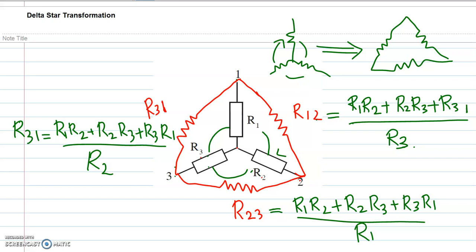In a similar way for delta to star conversion also, you don't need to mug up, you just need a basic understanding.